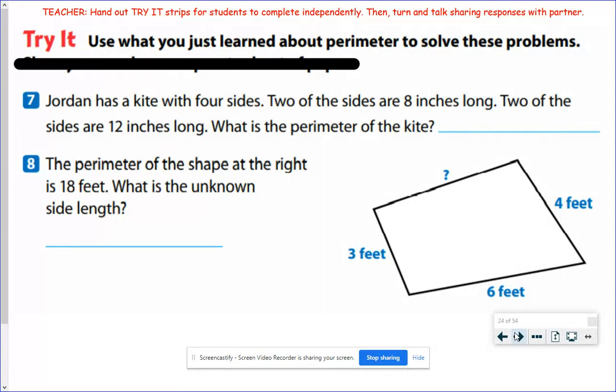I told the students in class to actually draw a picture of the kite, label the sides, and find the perimeter. This is just going back and reviewing how to find perimeter. And then number 8, you need to find the unknown or missing side length of this quadrilateral. So if you'll pause the video and actually work both of these 2 problems out and then check back with me.